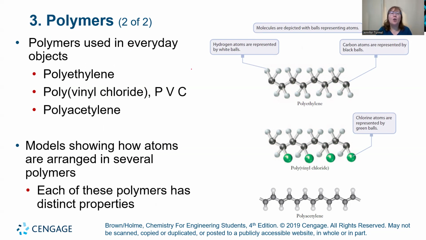In this case, we've got polyethylene, and then we have polyvinyl chloride, which is still basically a polyethylene, but with chlorine on it. And then you have polyacetylene in here as well, which takes our acetylene and brings it together. Each one of these has very distinct properties that can be used in a lot of different things, very useful.